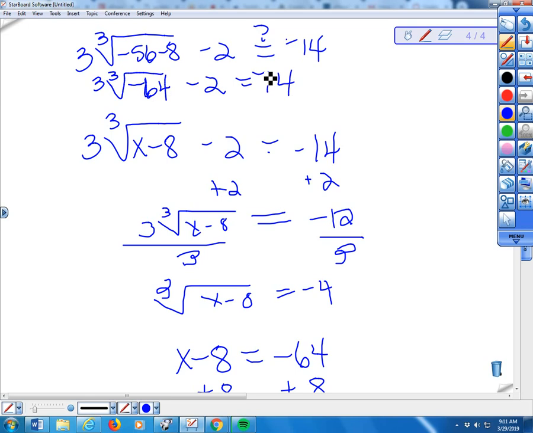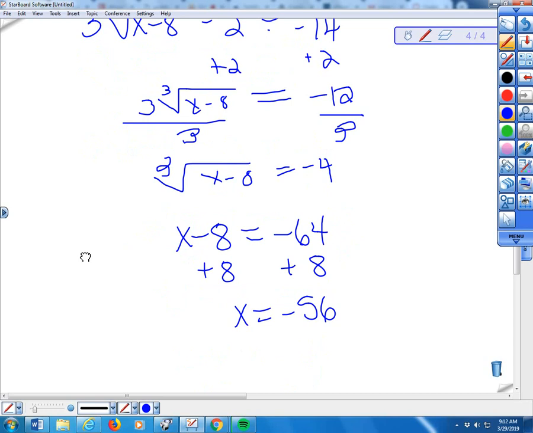The cube root of negative 64 is negative 4. Negative 4 times 3 is negative 12. Minus 2 is negative 14. That's correct. The negative 64 is because I cube both sides to undo the root.